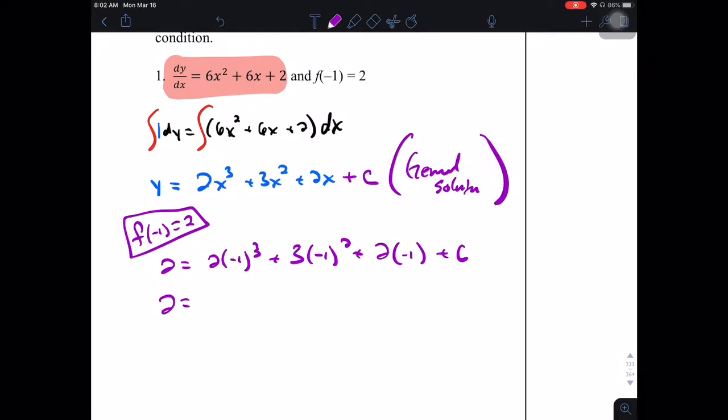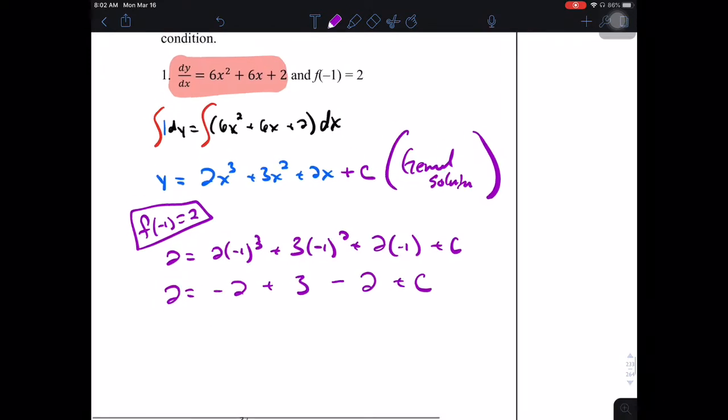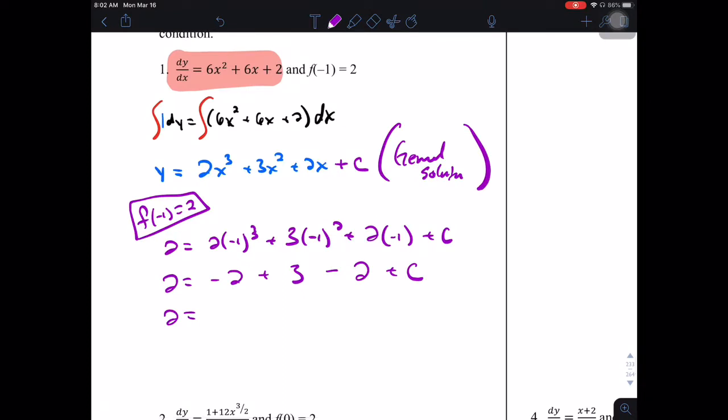-1 cubed is -1 times 2 is -2. -1 squared is positive times 3 is 3. -1 times 2 is -2. This ends up giving us 2 is -1 plus c, so 3 is c.